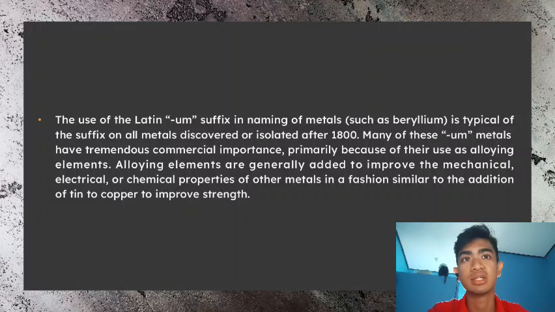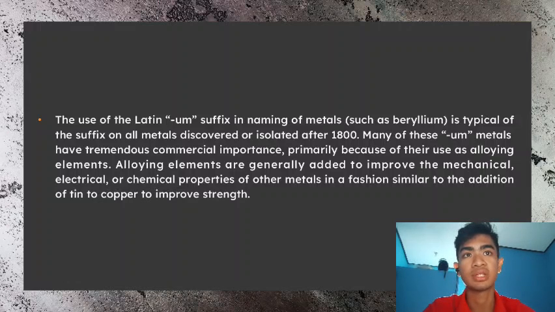Many of these "-ium" metals have tremendous commercial importance, primarily because of their use as alloying elements. Alloying elements are generally used to improve the mechanical, electrical, or chemical properties of the other metal, in a fashion similar to the addition of tin to copper to improve strength.